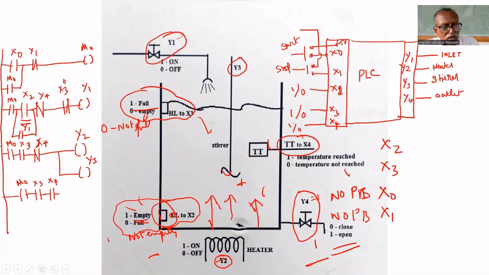So in place of X4, we can use Y2 bar. Once it is turned off, it will be turned on. So tank is full, heater is off, M0 is 1, so the timer will be turned on.